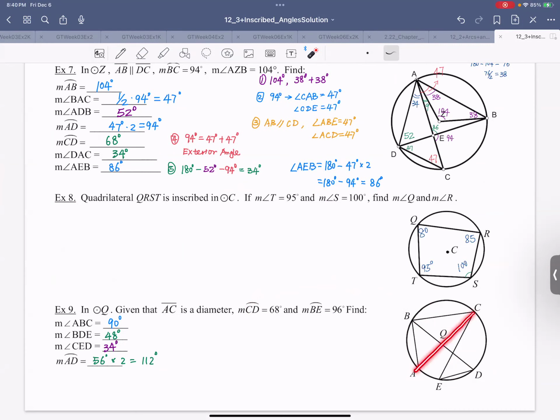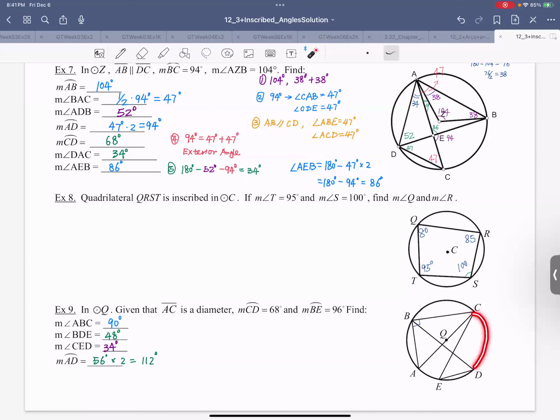AC is a diameter. So how much is this angle? 90. Good. Next, CD.